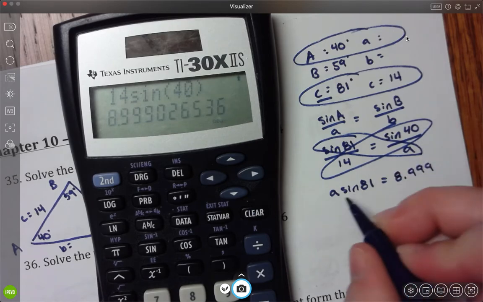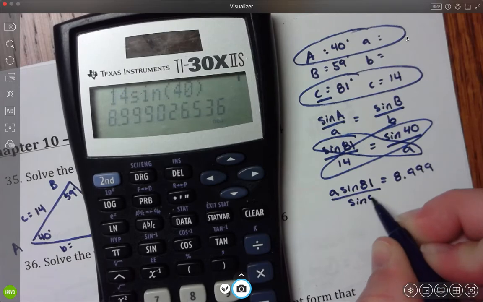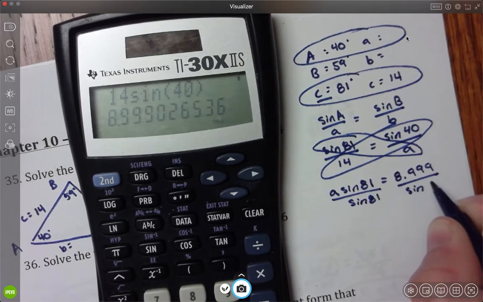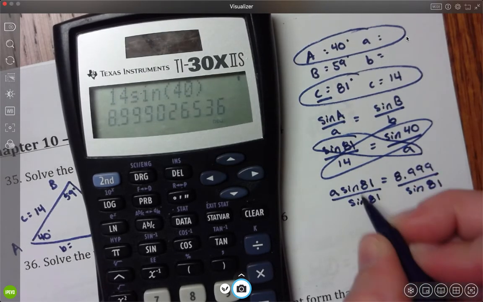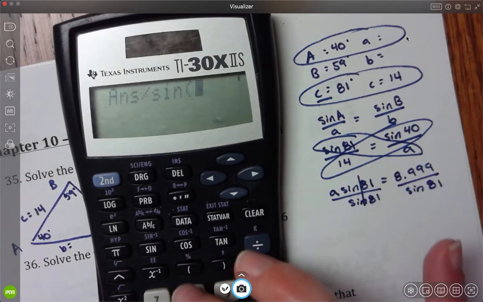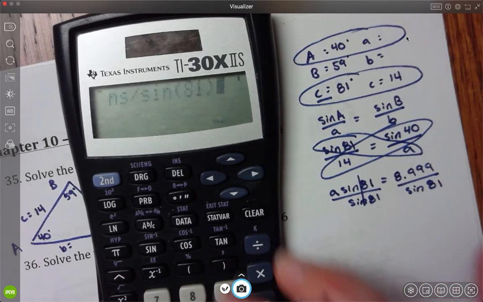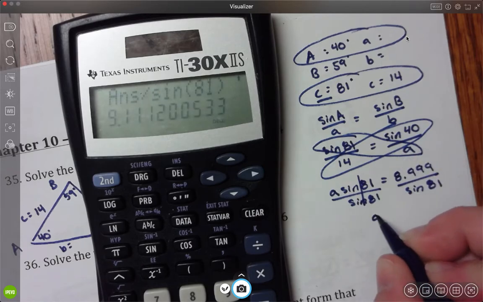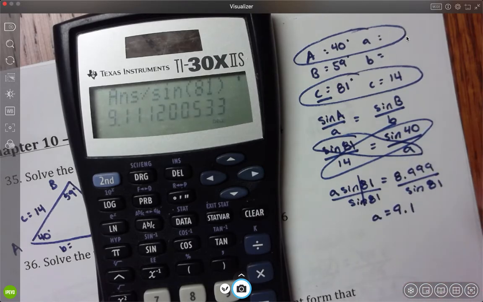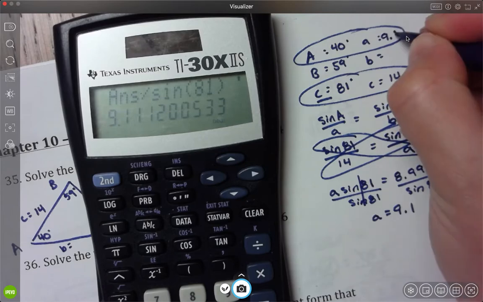If I divide by sine of 81, that will give me what A is. So I'm going to take that divided by sine of 81, and A is 9.1. We'll just round to one decimal place. 9.1 is what it is.